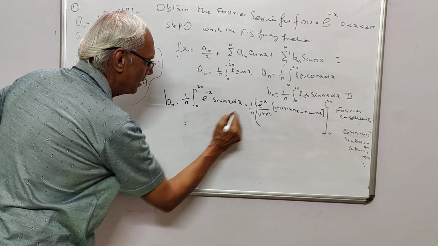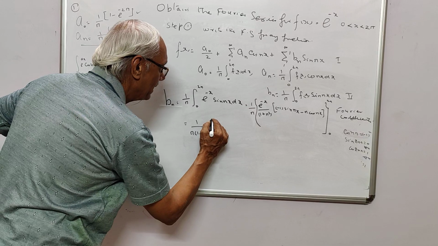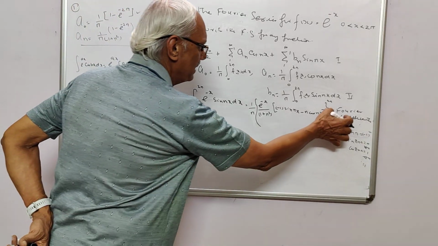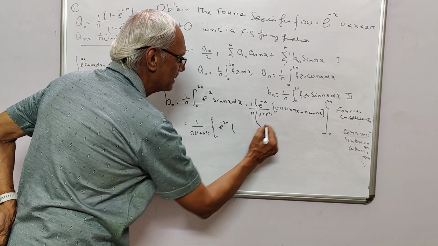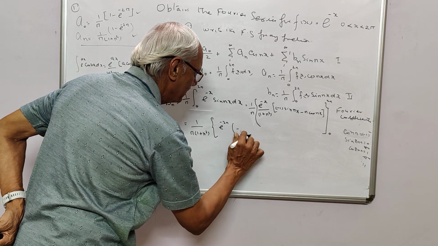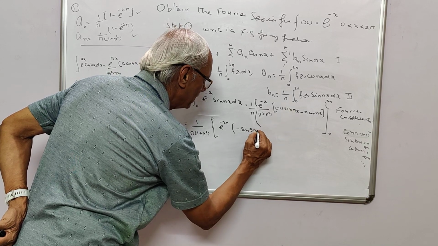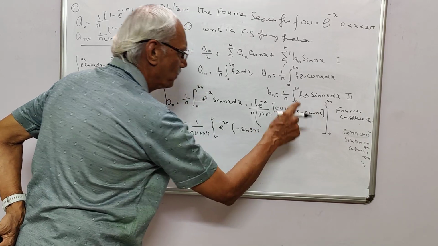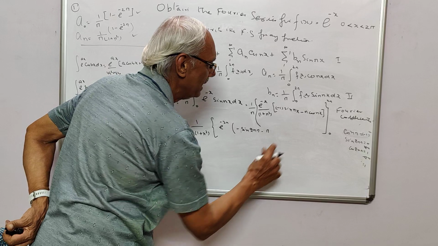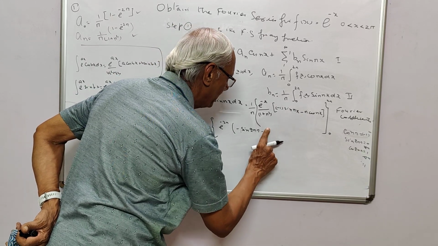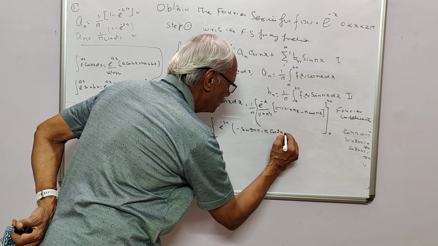Now as before, take this outside, 1 by pi into 1 plus n squared, and within brackets apply the first limit here, e to the power of minus 2 pi within brackets. Now you write this, minus sine 2n pi, because in the place of x you put 2 pi, minus n into cos 2n pi.